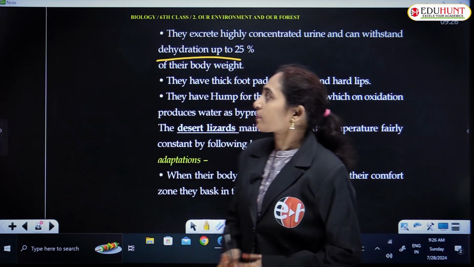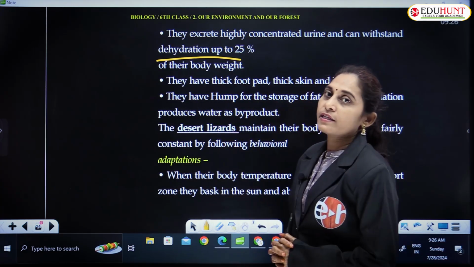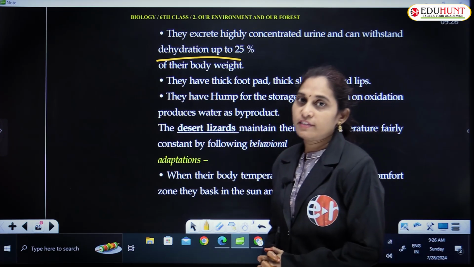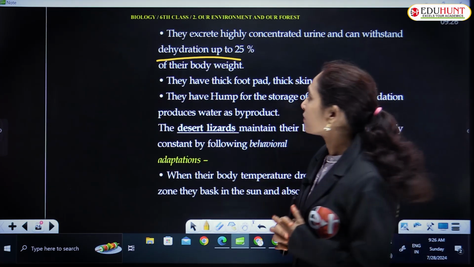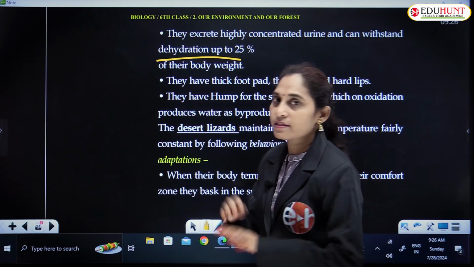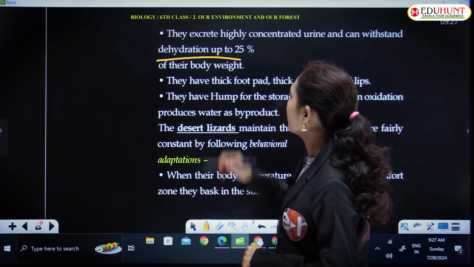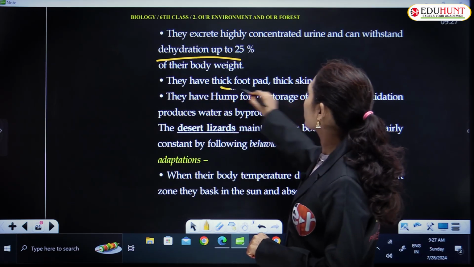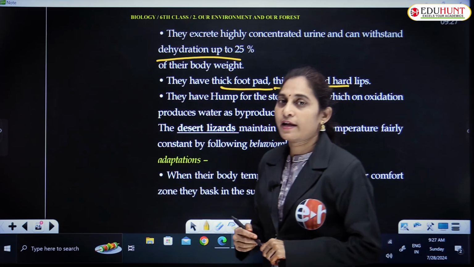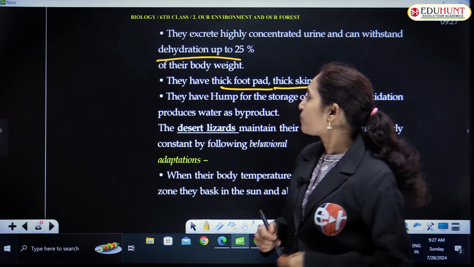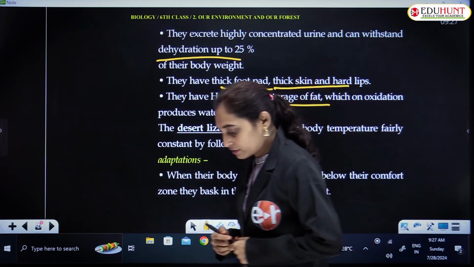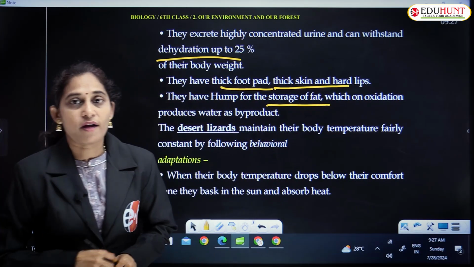Anyway, we know camel has hump like structure which is the fat deposition site, and they have a heavy body where there is high surface area to body ratio, and they have thick foot pad and very thick skin and hard lips.